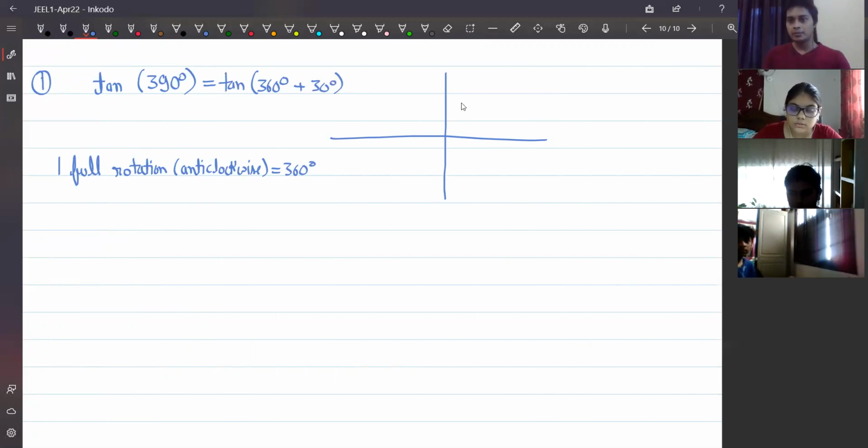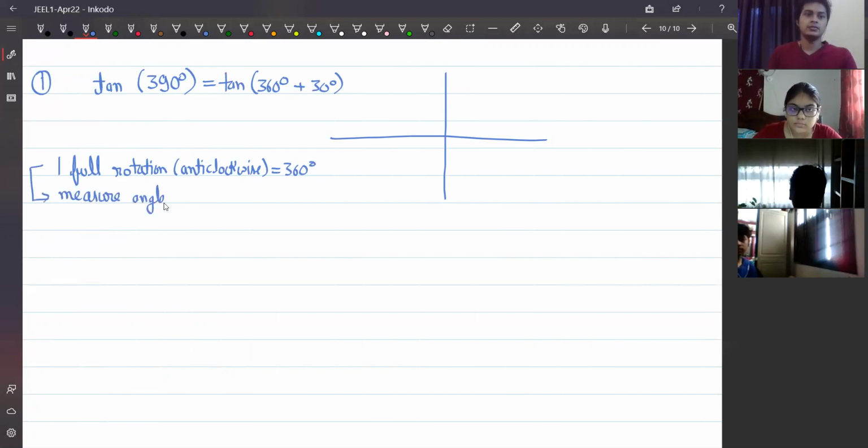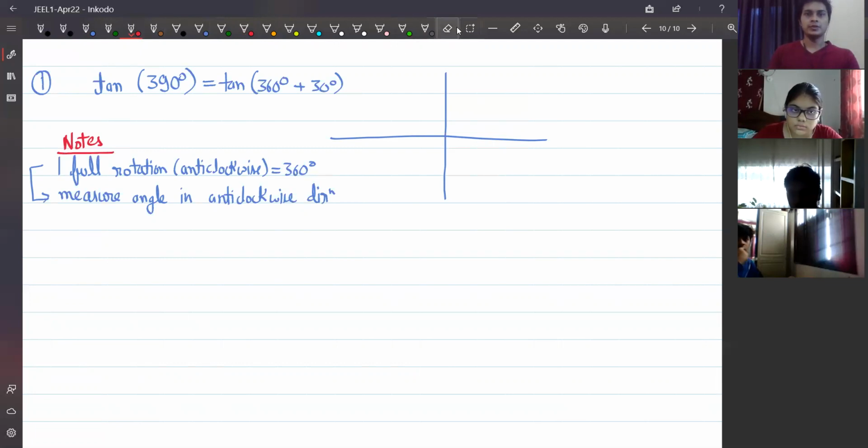Whenever you measure the angle, you measure it in the anti-clockwise direction. So one full rotation is 360.